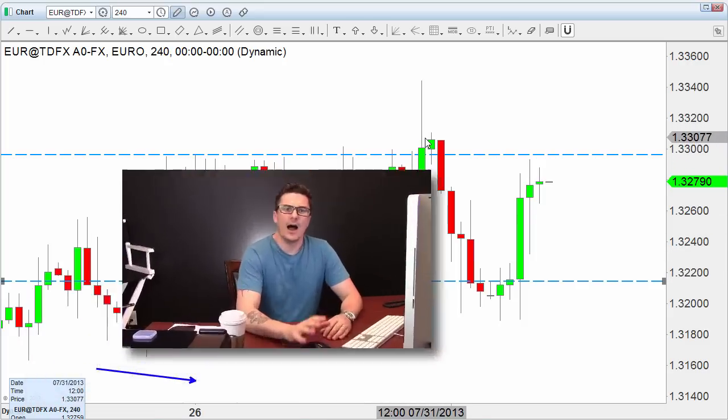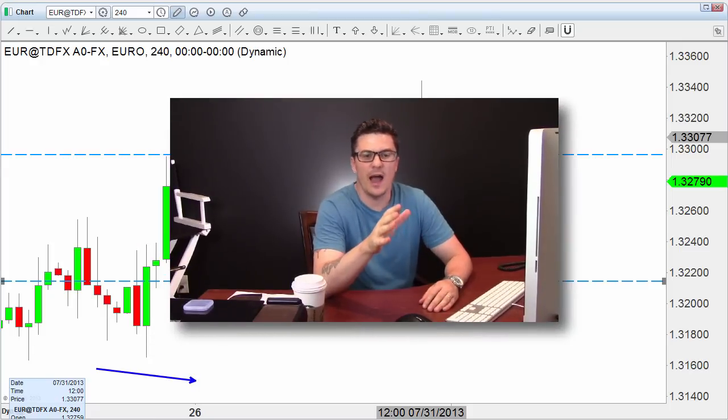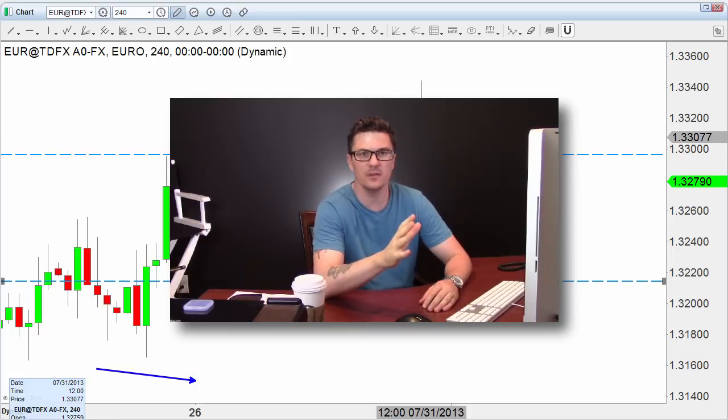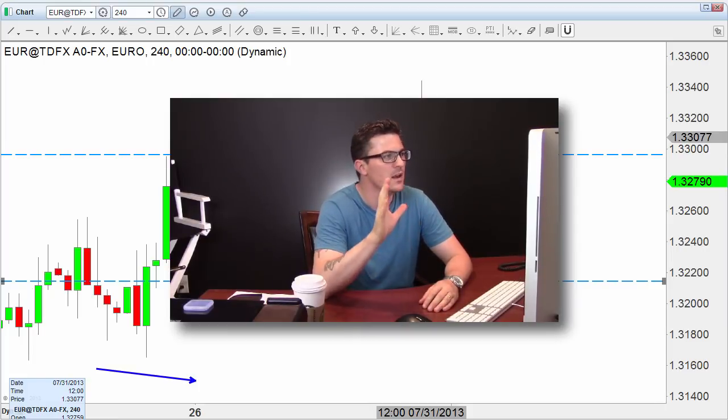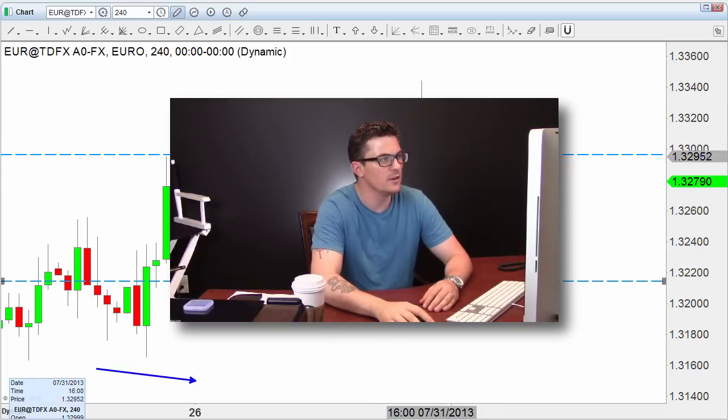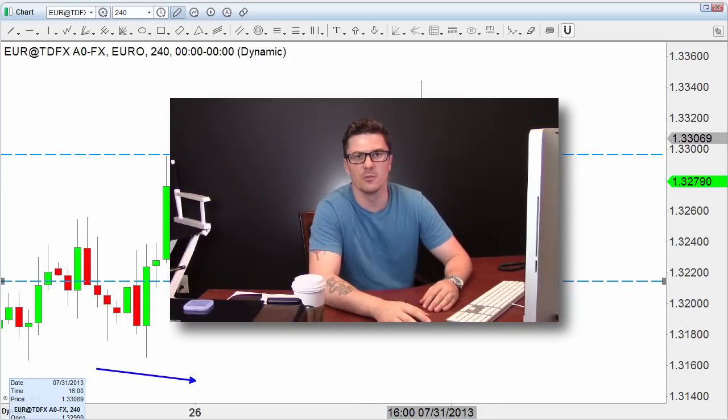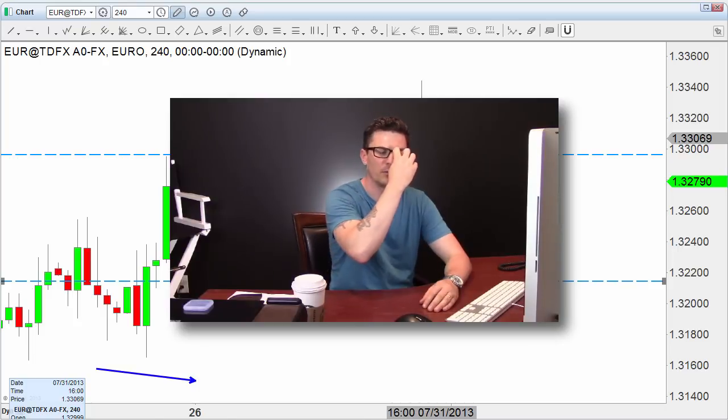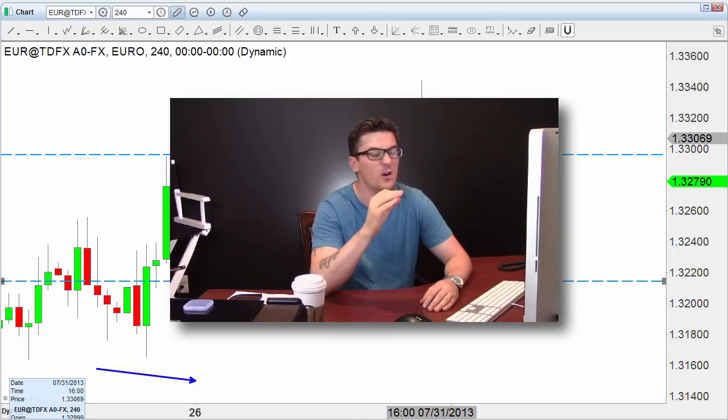Now, I get a ton of questions about how do I know whether this is a false breakout or not. And guys, to my knowledge, and there could be something out there, but I've been doing this a long time, there is no way to know whether this is going to be a false breakout or the real breakout.